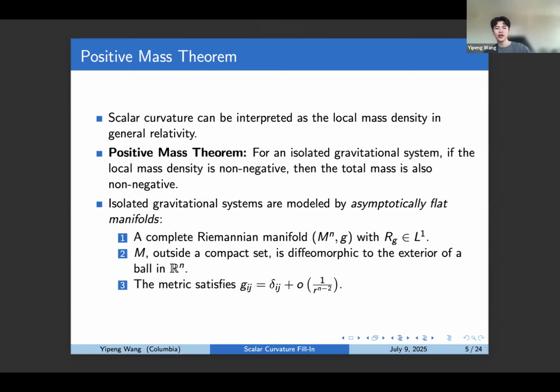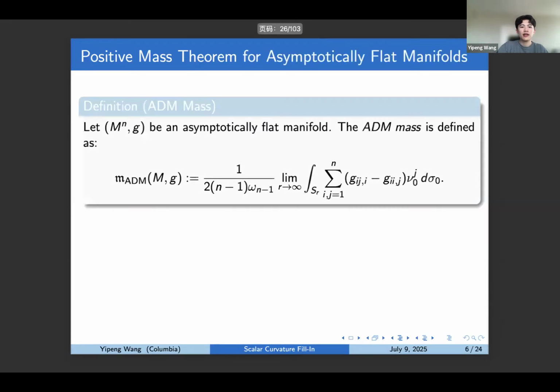The first order term is the Euclidean metric, so it's asymptotically Euclidean with some lower order terms. Under this context, the mass quantity can be defined by a flux integral. Since we're asymptotically flat, as you go to infinity you can look at coordinate spheres and evaluate these flux integrals. This defines a quantity that's actually independent of the coordinates you choose, so it only depends on this asymptotically flat metric g.